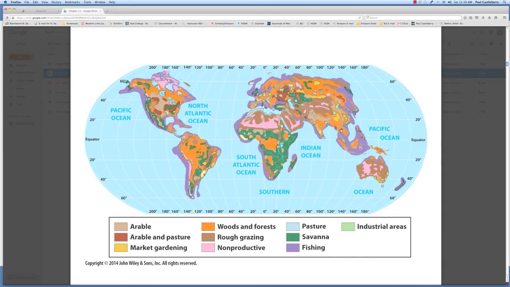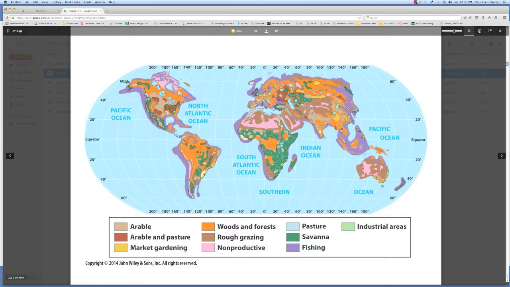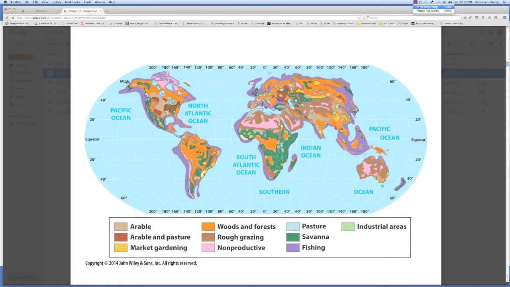The breadbasket will begin to move northward, and some of our arable lands or crop production lands across the central U.S. will begin to move northward. That's something we have to look at as well. Okay, there's a lot of information on this particular chart, and we'll come back to it a little bit later.